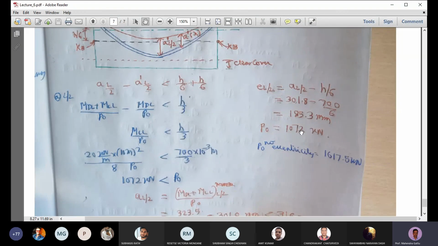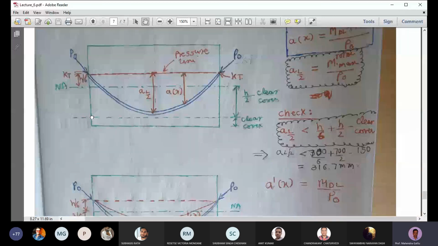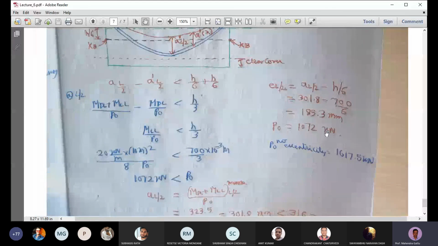So P naught value is 1072 kilonewton, and the eccentricity at the center span is 185.3. Eccentricity at the left edge and the right edge is h/6, that is 700 by 6. Okay. So this is the way we lay out the cable, and we provide eccentricity with respect to the neutral axis of 185.3, and pre-stressing force equal to 1072 kilonewton.